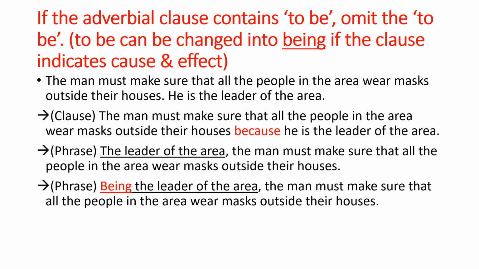Also, we can use being in the phrase, so it will become, being the leader of the area, the man must make sure that all the people in the area wear masks outside their houses. We use being here because the phrase indicates cause and effect.